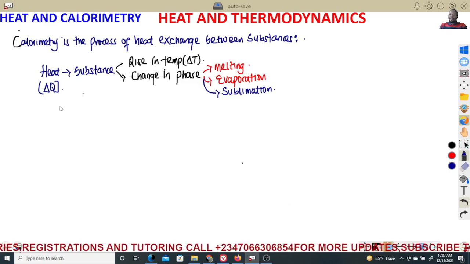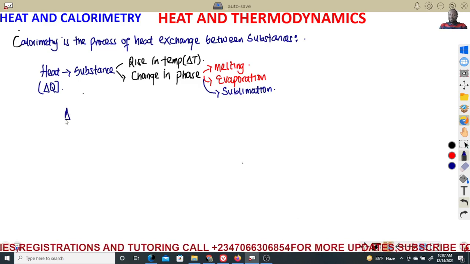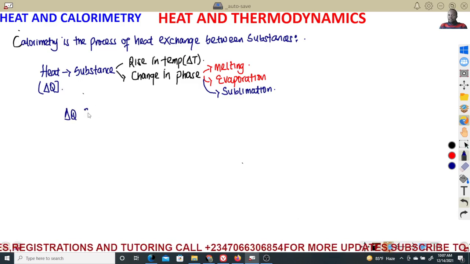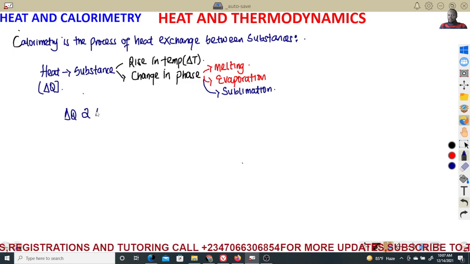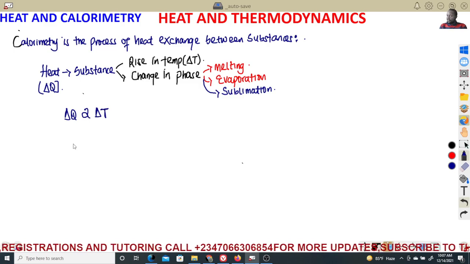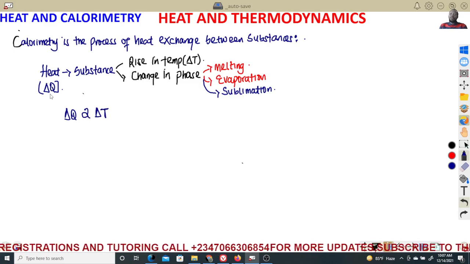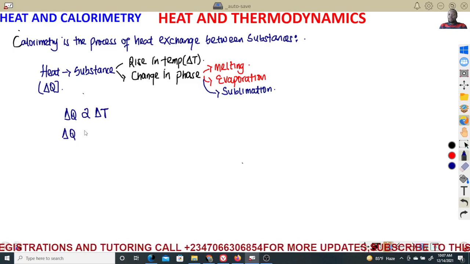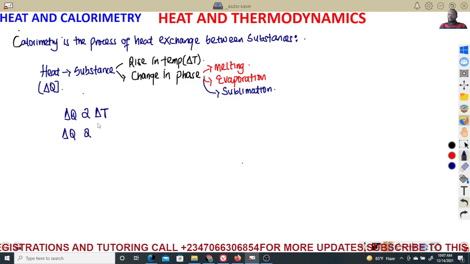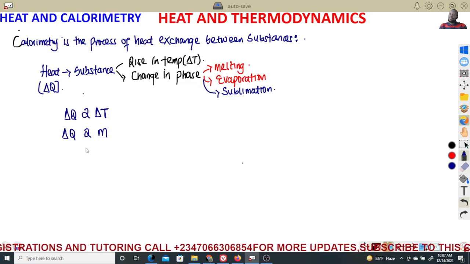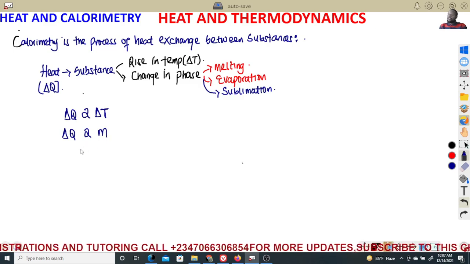So we say the amount of heat supplied to this substance is bringing about the change in temperature, which we write as delta T. That's the first interpretation we give to it. We can also say the amount of heat of a substance is proportional to the mass of that substance, that is the initial mass of the substance, which is the measure of inertia.